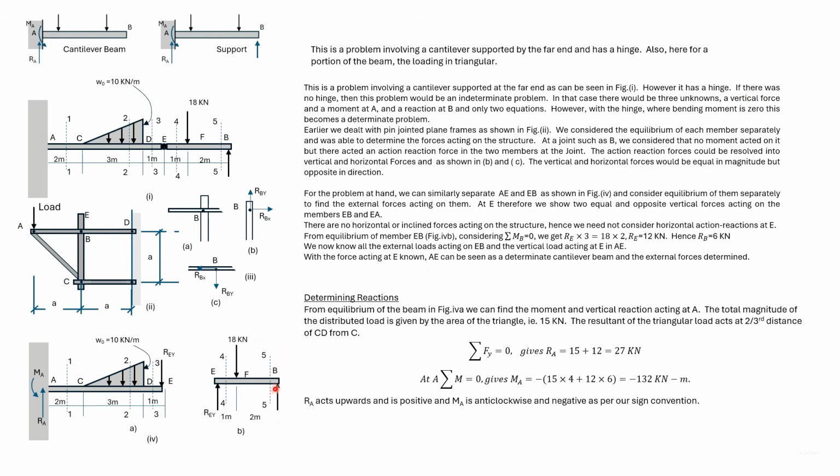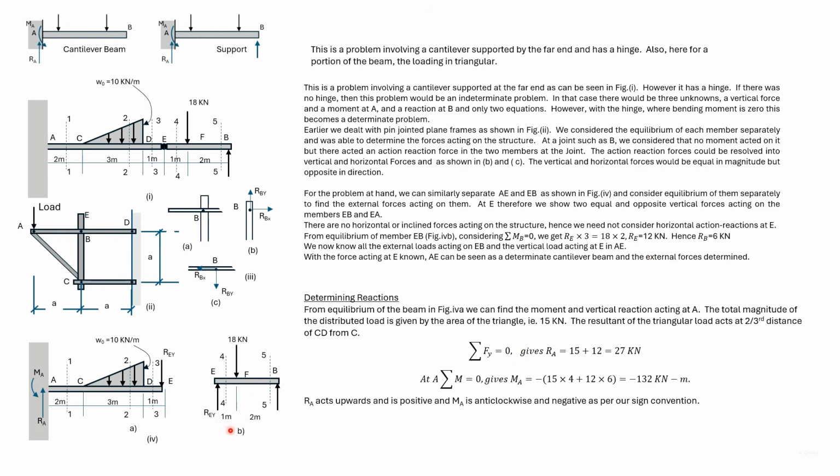So if we take moments about B, then RE into this distance, which is 3 meters, is equal to 18 into 2 meters, from which we get RE as 12 kilonewton.